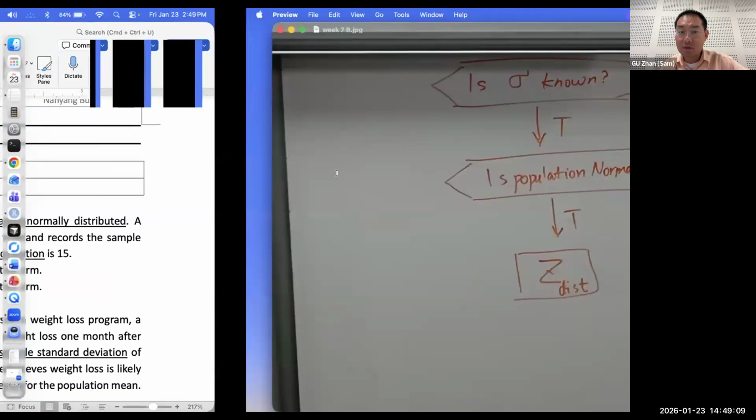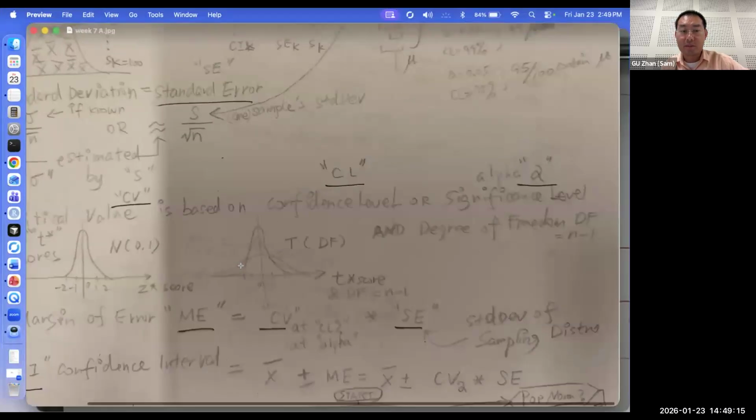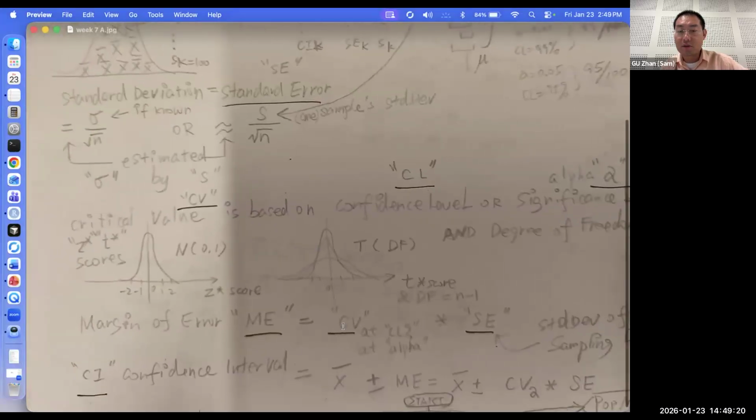Is the population normal? Yes, so you go straight down to the Z distribution. But remember how to calculate margin of error. Margin of error is the critical value, from the Z or t distribution at the confidence level, times the standard error. So to calculate margin of error, we need to find the CV and the standard error.